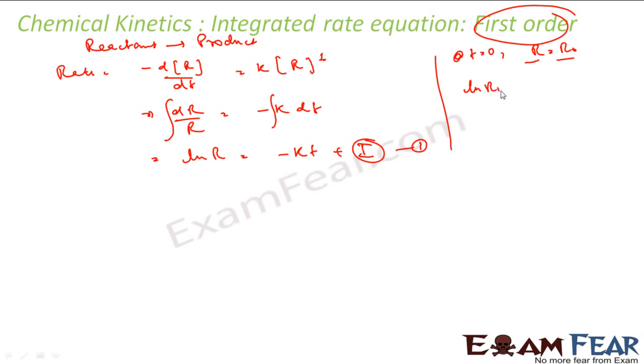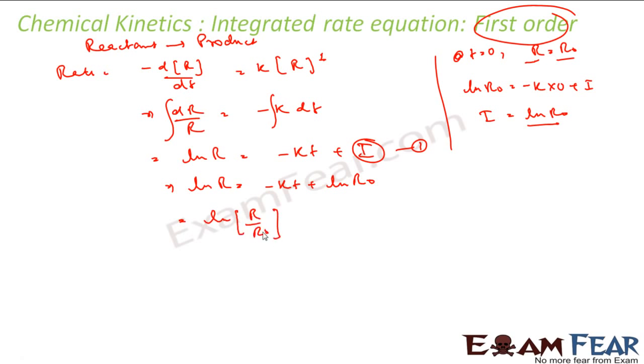You get ln R naught is equal to minus k into 0 plus I. So I is nothing but ln R naught. Let's put the value. ln R is equal to minus kt plus ln R naught. Correct? Or I can say that ln R by R naught is equal to minus kt.